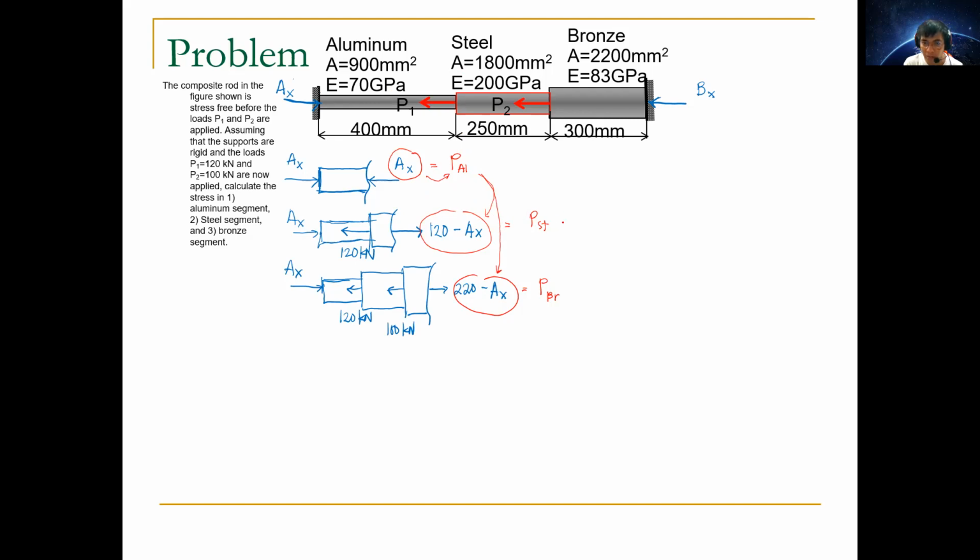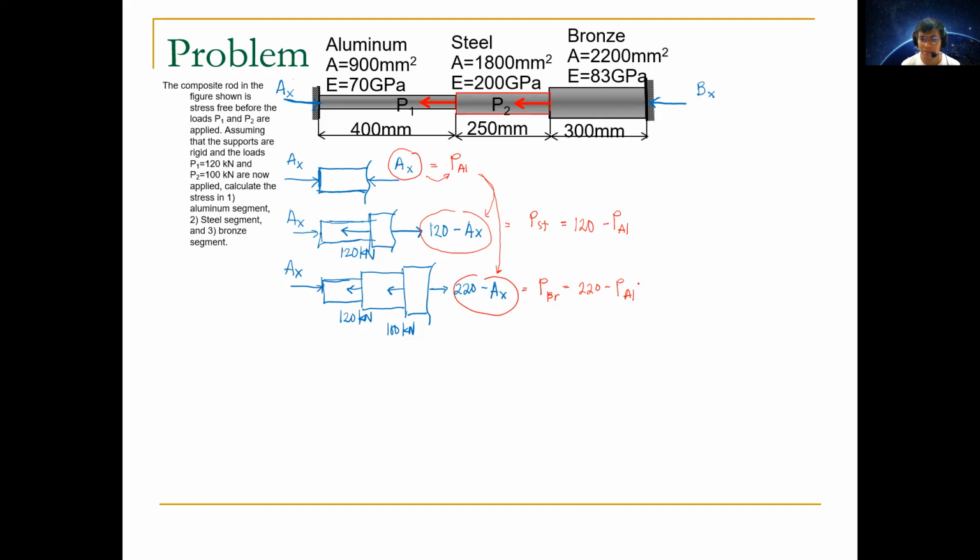So in terms of the aluminum force, steel becomes 120 minus P sub AL, and the bronze part becomes 220 minus P sub AL. I think it's much better compared with representing it as AX.